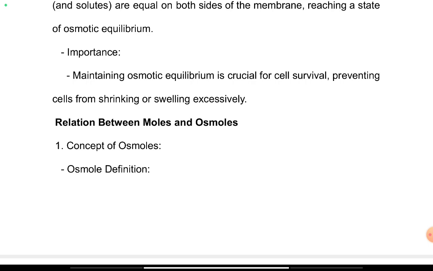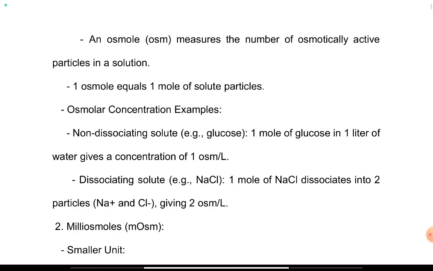Okay, crenation. Now, moles and osmoles. I think I've explained this: 1 mole is equal to 1 osmole, but not in all cases. For substances that have dissociating solutes, let's say sodium chloride, it will dissociate into sodium and chloride, so that will give you 2 osmoles instead of 1 osmole. For glucose, it is just 1 mole of glucose, 1 osmole per liter.